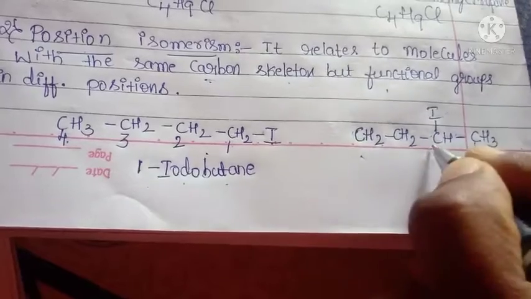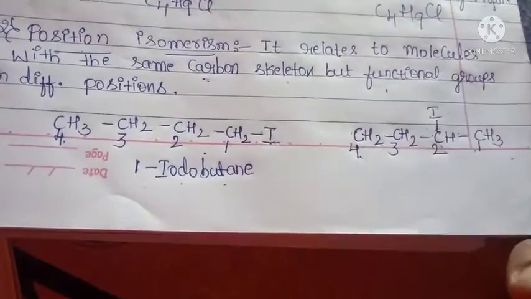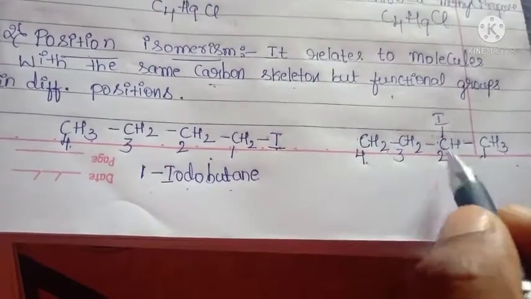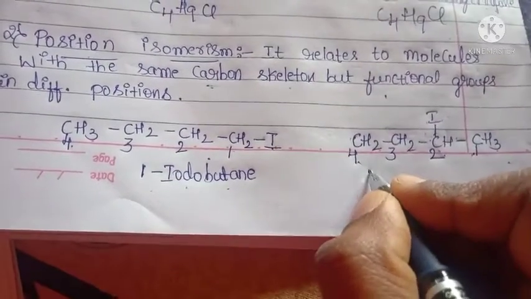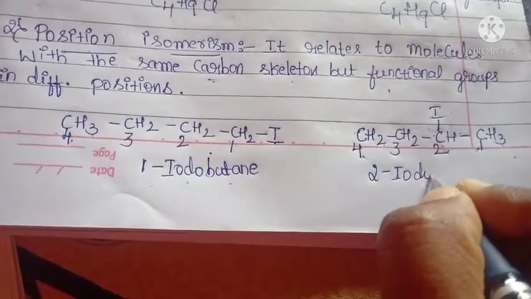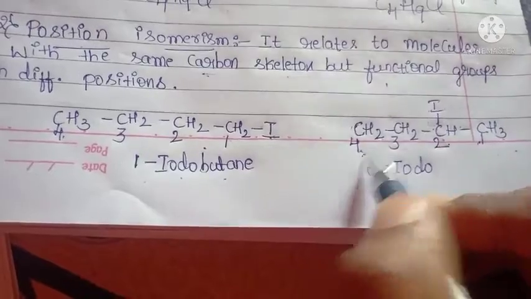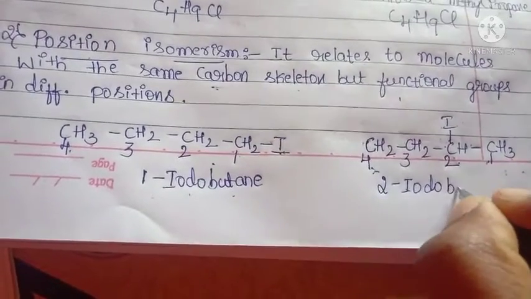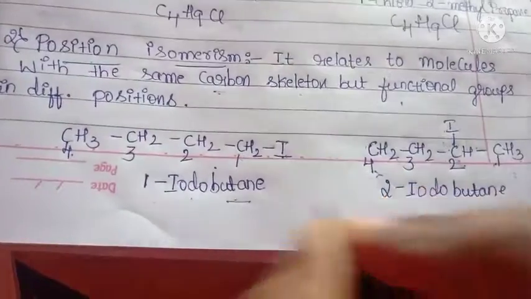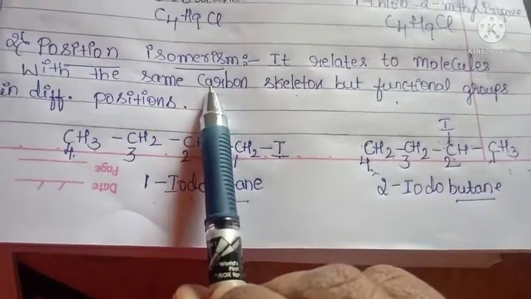So 1, 2, 3, 4. Okay, so here, second position we have the iodine group, 2 iodo. Which alkane group is there? The number of carbon atoms is 4, so it is also butane. Here the alkane group does not change. Okay, so that is position isomerism.